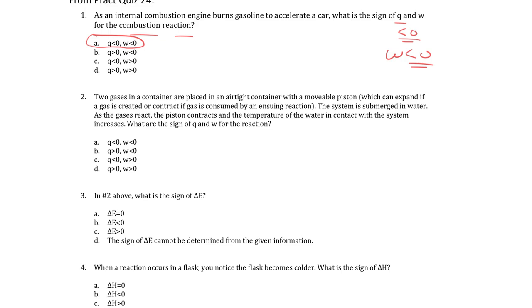The temperature going up for the water, that's the surroundings, so the heat of the surroundings goes up. Since we have the opposite relationship for the reaction, the heat of the reaction had to drop. The reaction had to release heat that went into the wall of the container and then into the water to increase the water's temperature. The water is the surroundings of the reaction, so that allows us to see that the heat of the reaction is dropping and the reaction is exothermic.